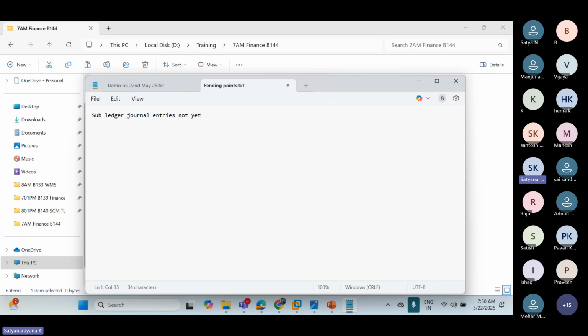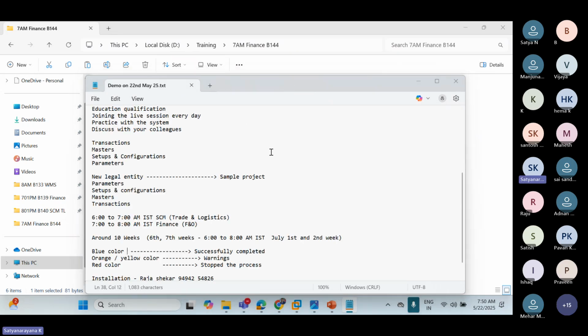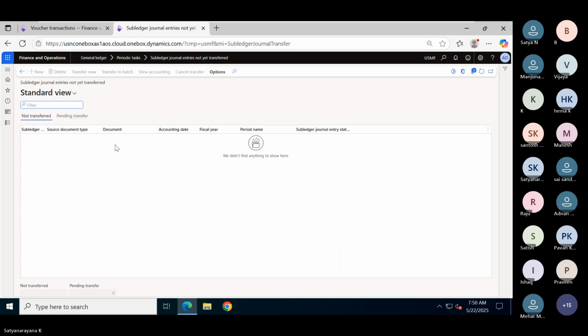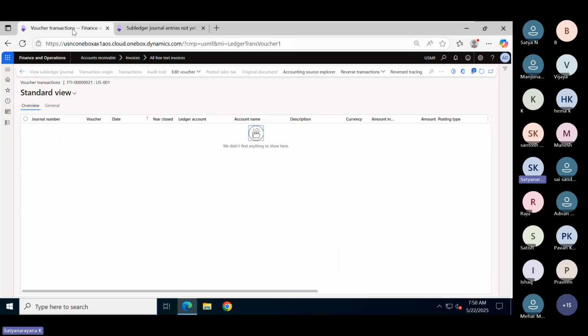I'll write down pending points one by one, because whenever I'm teaching, you cannot imagine what this is. In future, after 1 month, you are going to learn what subledger journal entries not yet transferred is. But we did the transfer now, and then the voucher is displaying.